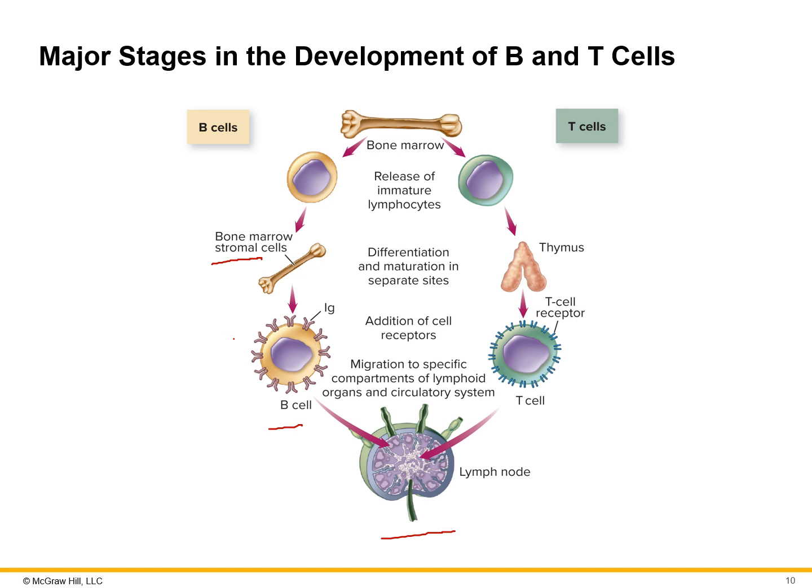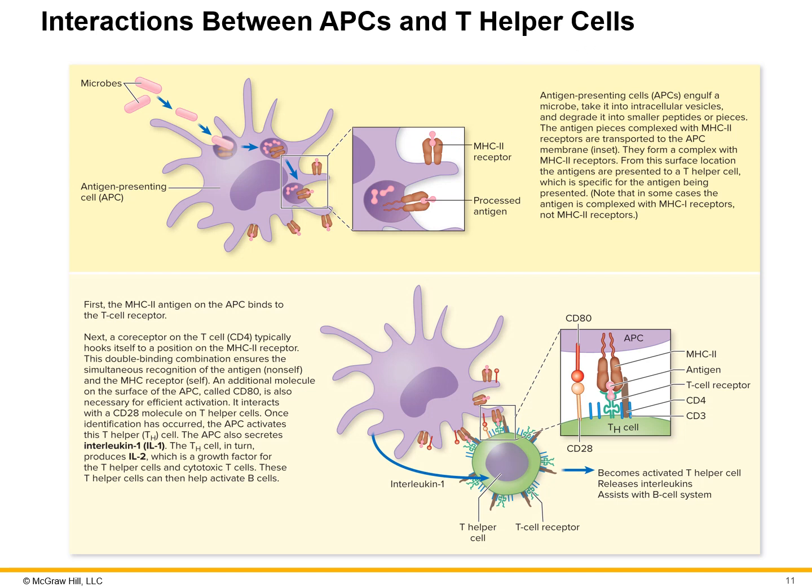Whereas our T cells can start in the bone marrow, but they're going to mature in the thymus, where those T cell receptors will be placed. Again, they can only recognize presented antigen. And then just like B cells, they come into those lymph nodes where they're waiting to look for the presence of antigen.